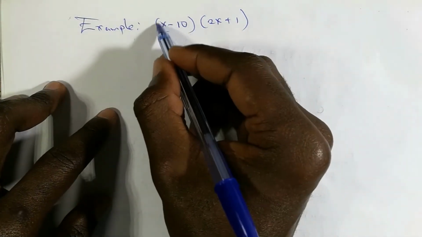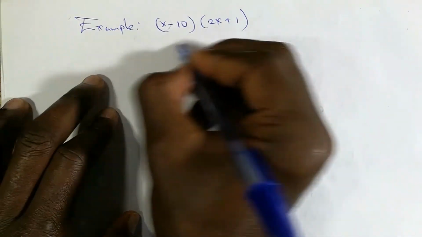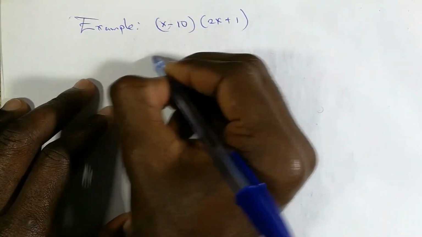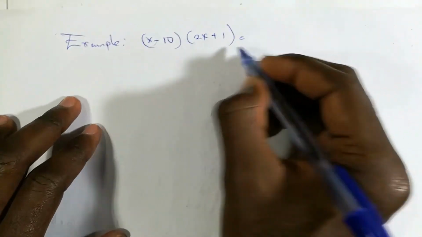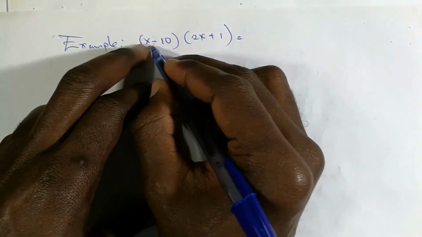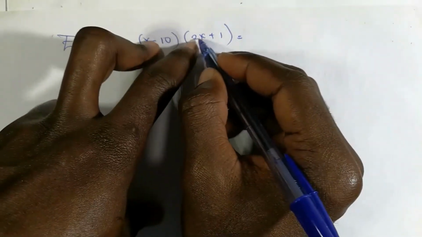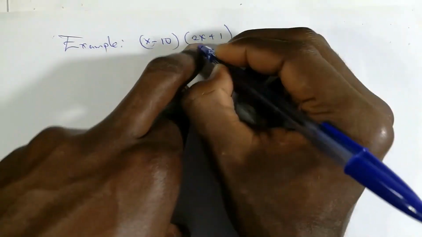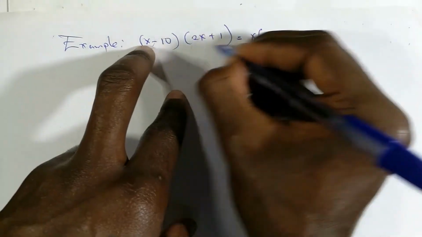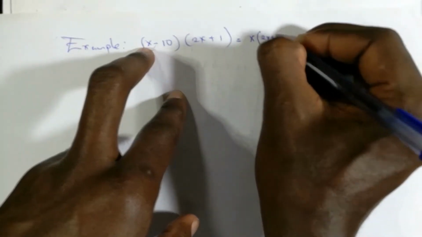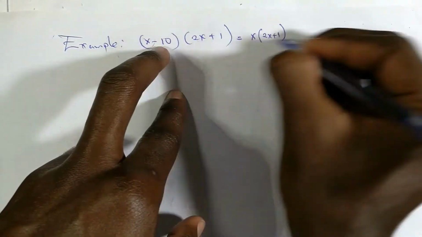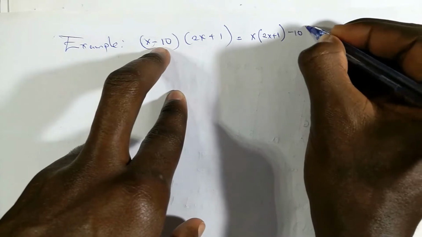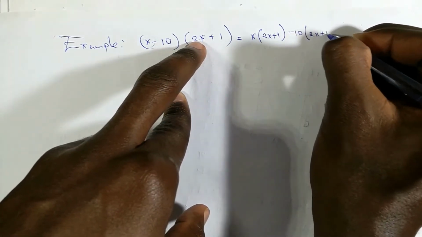We consider this and apply what we did before. Each term in the first expression must multiply the second expression. The first term is x, which is going to be multiplying 2x plus 1. The second term is negative 10, which is multiplying 2x plus 1 also.